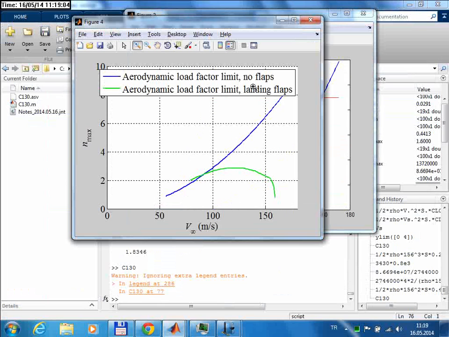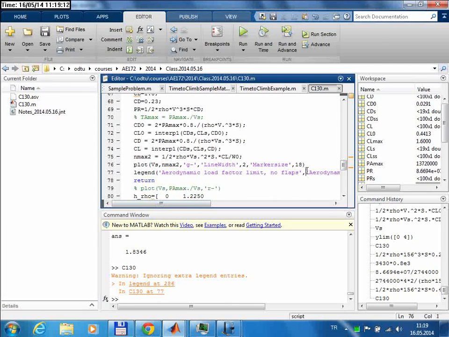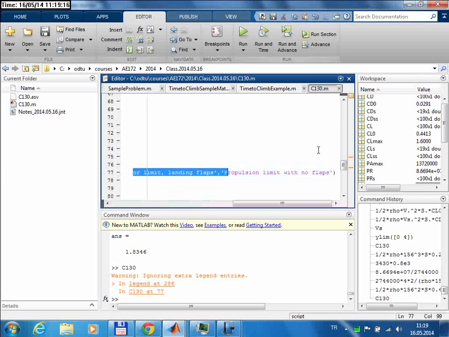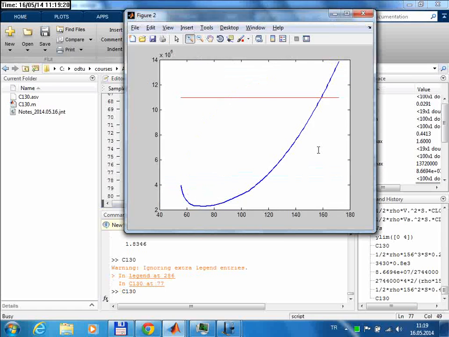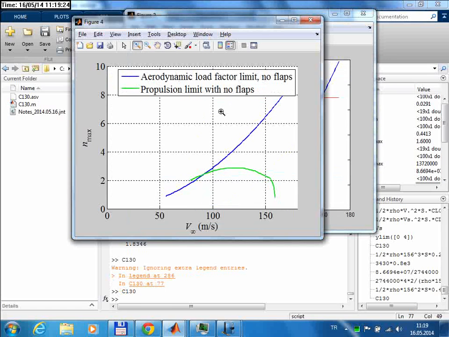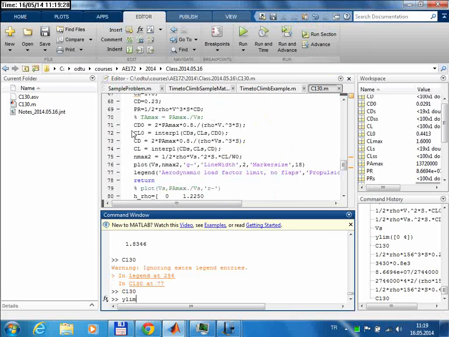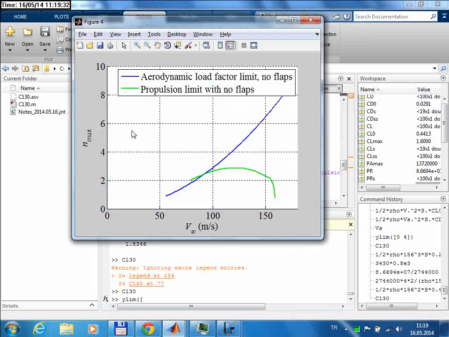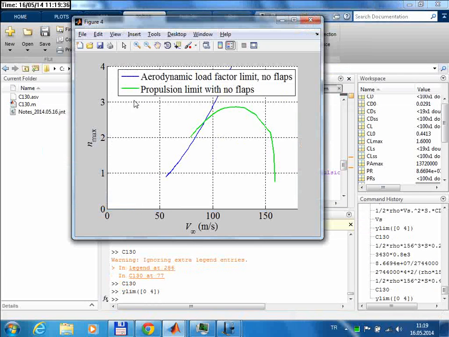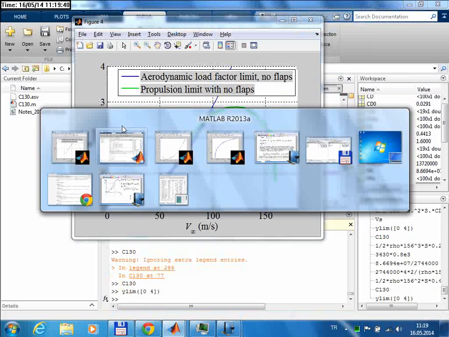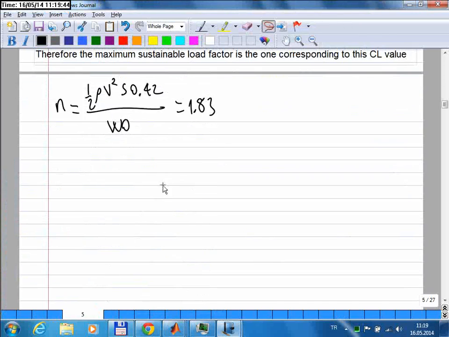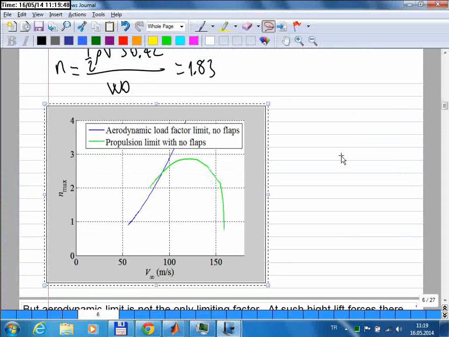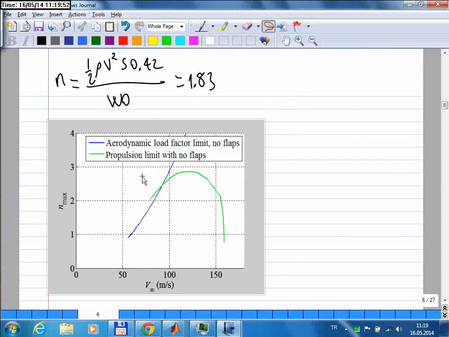Okay, so this is what you get. This blue one was the maximum load factor limited by the aerodynamics, and the green one is the maximum load factor limited by the engines of the aircraft.